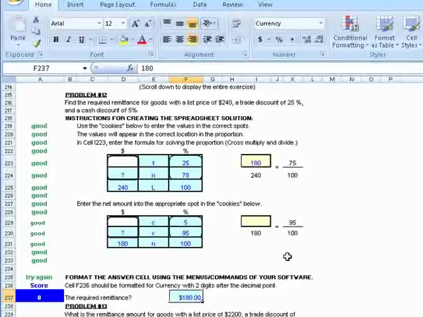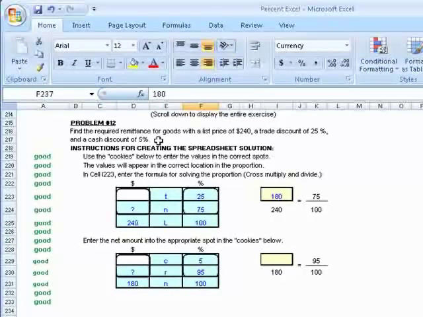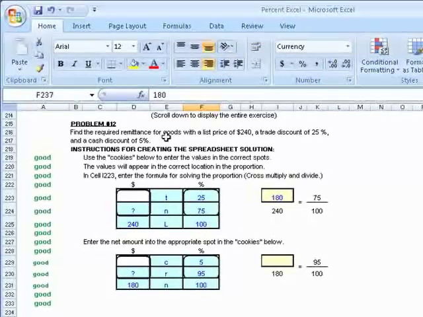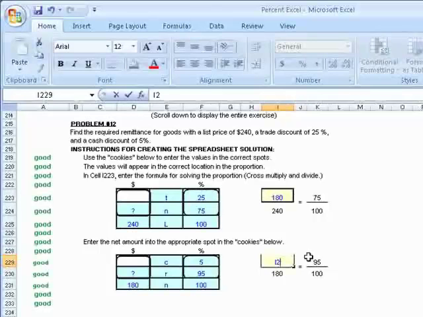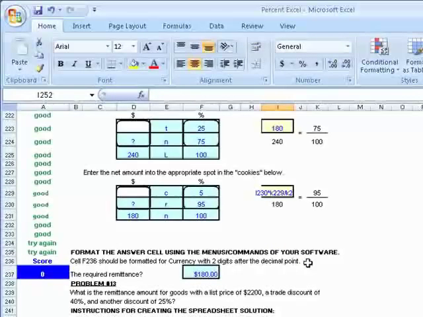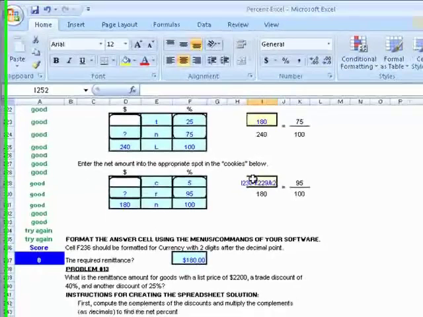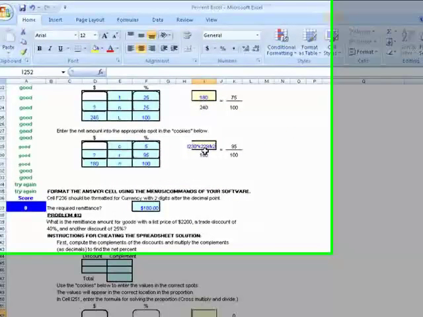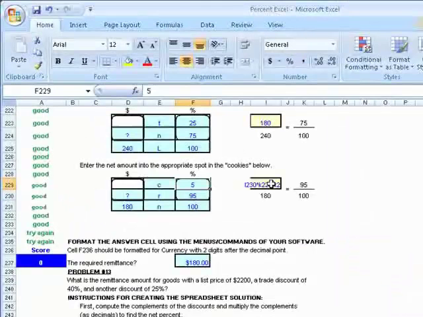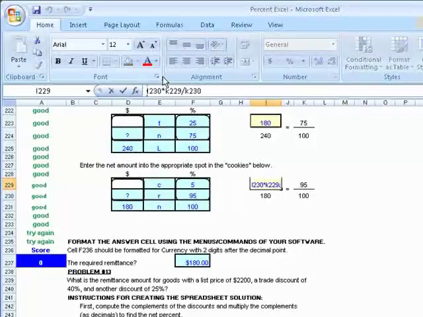So this problem 12 requires two steps. One, to find the remittance after the 25% discount, and then another to find the remittance after the 5% discount. So we're going to cross multiply, so it'll be I-230 times K-229 divided by K-230. Oops, I forgot to put in an equal sign there. Equals.